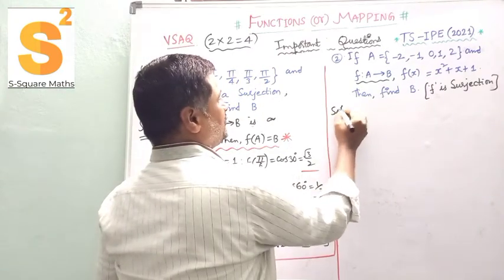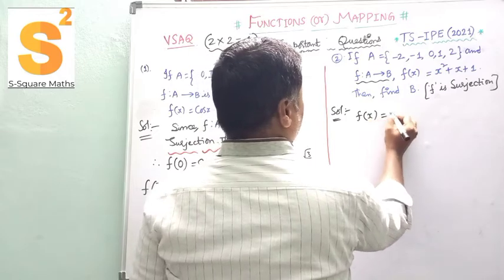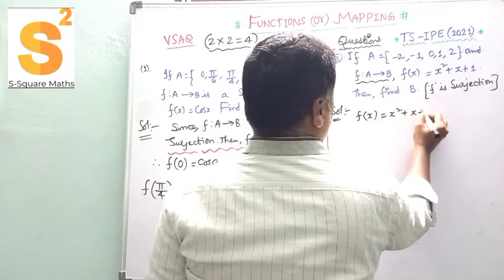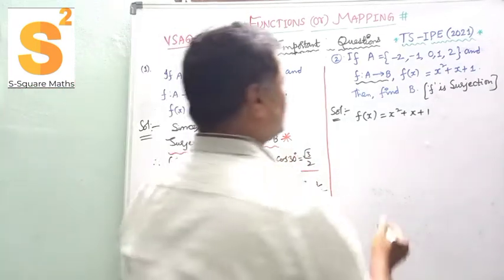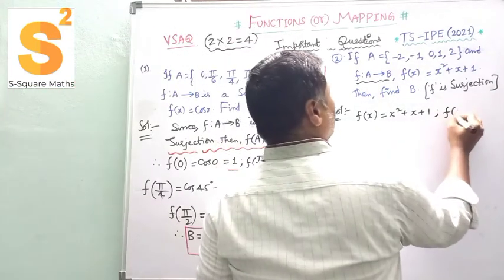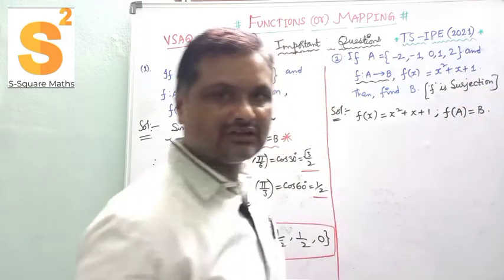Solution: f of x is x square plus x plus 1, and since it is a surjection, f of A is equal to B, as given in the question.